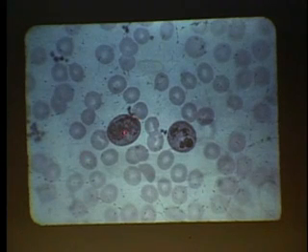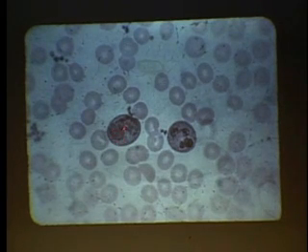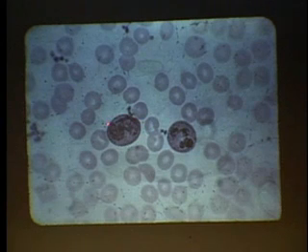Oh, can't you see that kidney shape? It's not lobulated like the polymorphs. So what is it? It's a monocyte. Sure, that's a monocyte, a big kidney-shaped nucleus, lots of cytoplasm, and it's going to phagocytize.